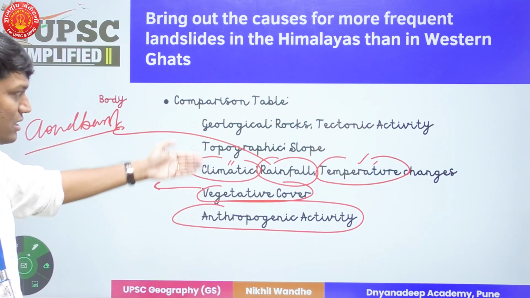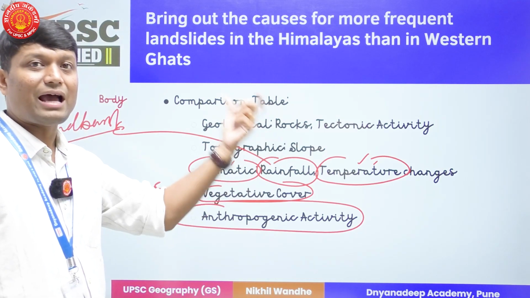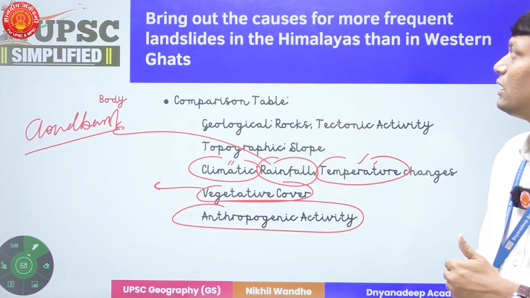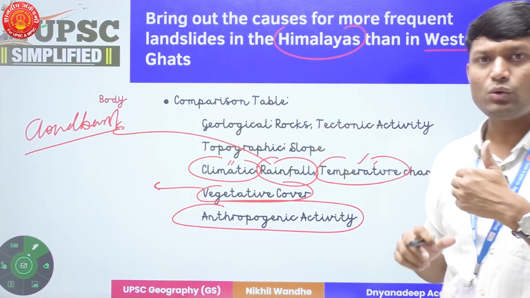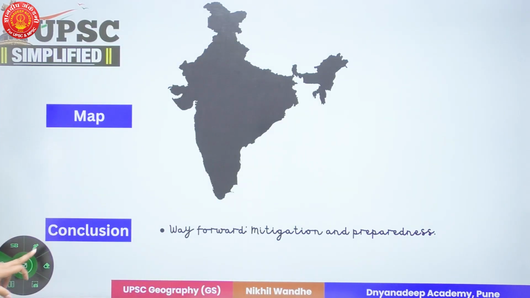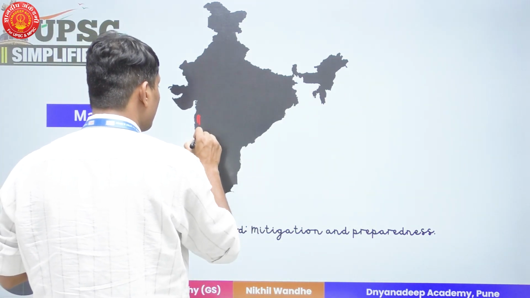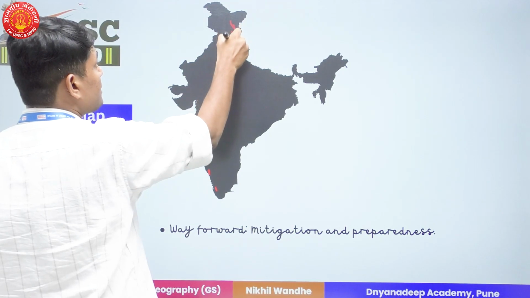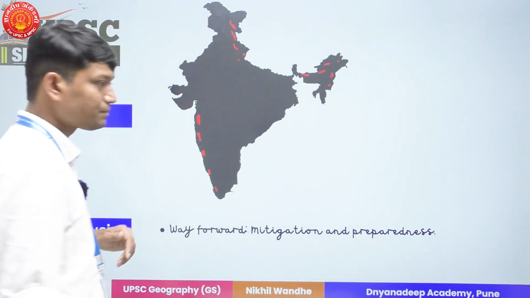So in this comparison table, I have provided all the aspects, all the factors, and I have addressed why there is more landslide frequency in the regions of Himalayas as compared to Western Ghats. So that is how I am going to end my body part. I will necessarily draw a map. I will show which are the regions where we have high frequency of landslides in India.